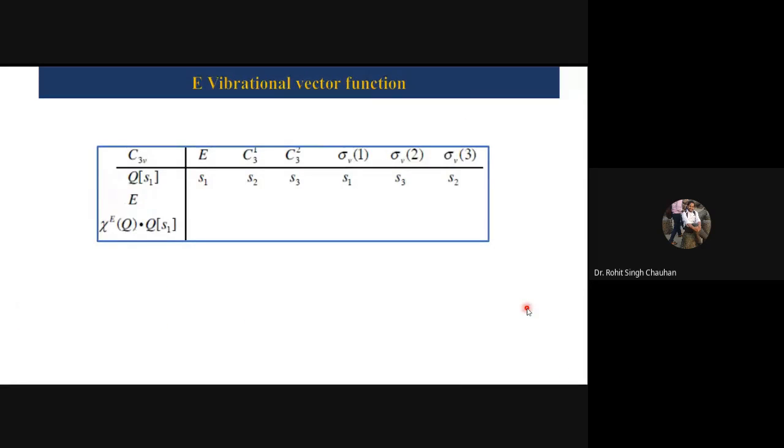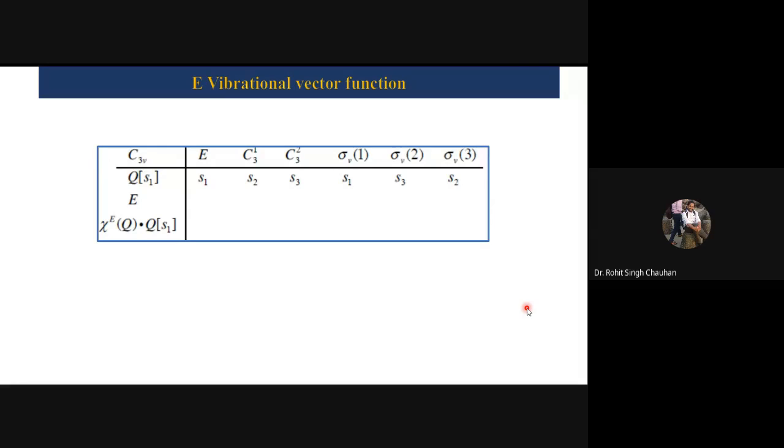Why are we operating only on A1 and E? Remember, you first reduced the character table with respect to the NH bond, and on applying the reduction formula, you found that gamma NH is A1 and E. So your main priority should only be to apply on A1 and E. A1 you have finished. Now we will learn for E.